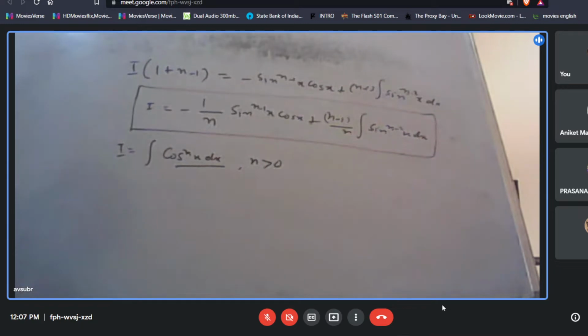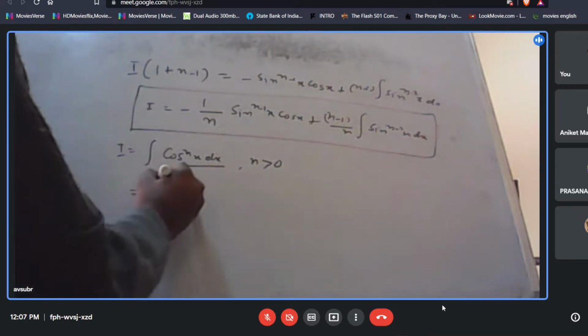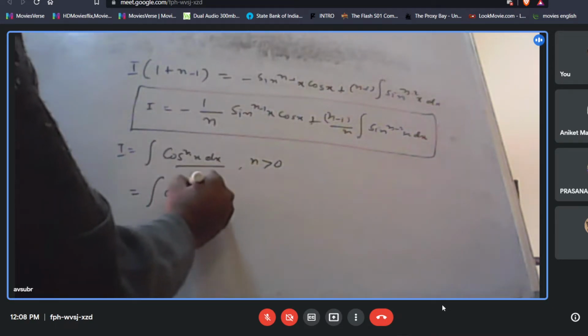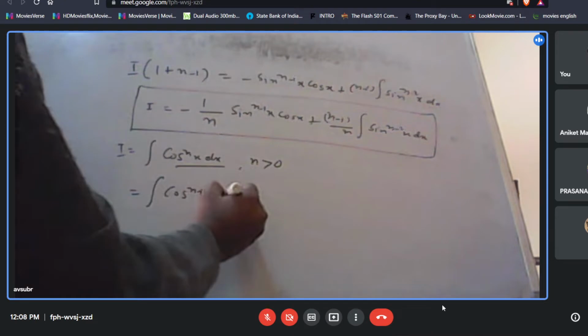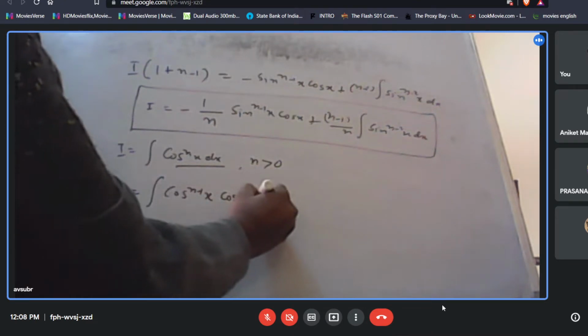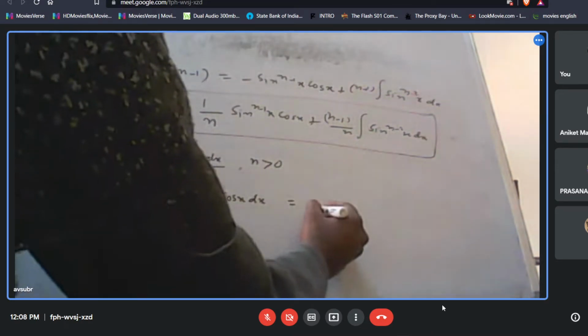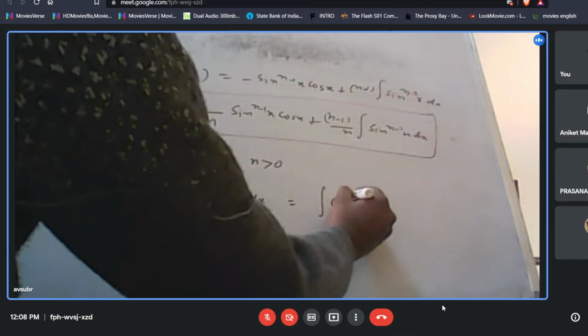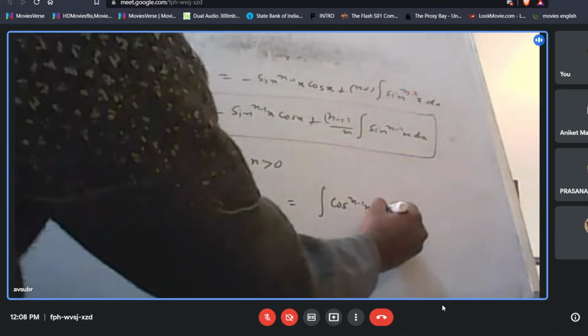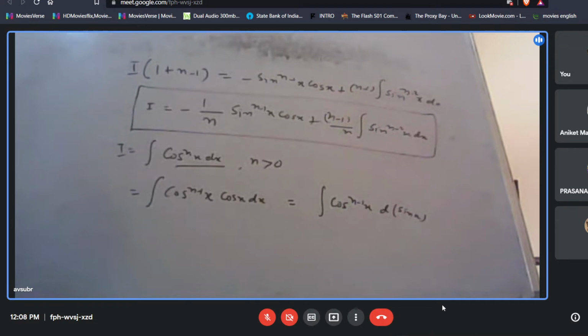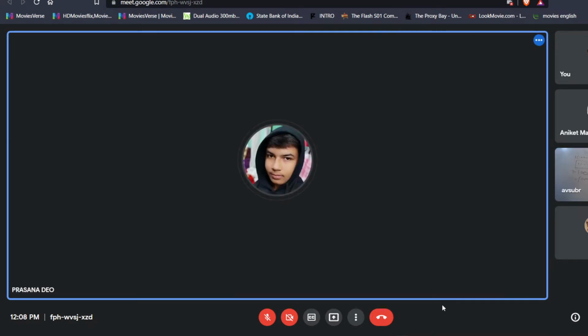Let us say I is equal to integral of cos to the power n x. So, I can write down cos to the power n minus 1 x cos x dx, which can be written as cos to the power n minus 1 x times the differentiation of sin x. Can I write down? Yes, sir.